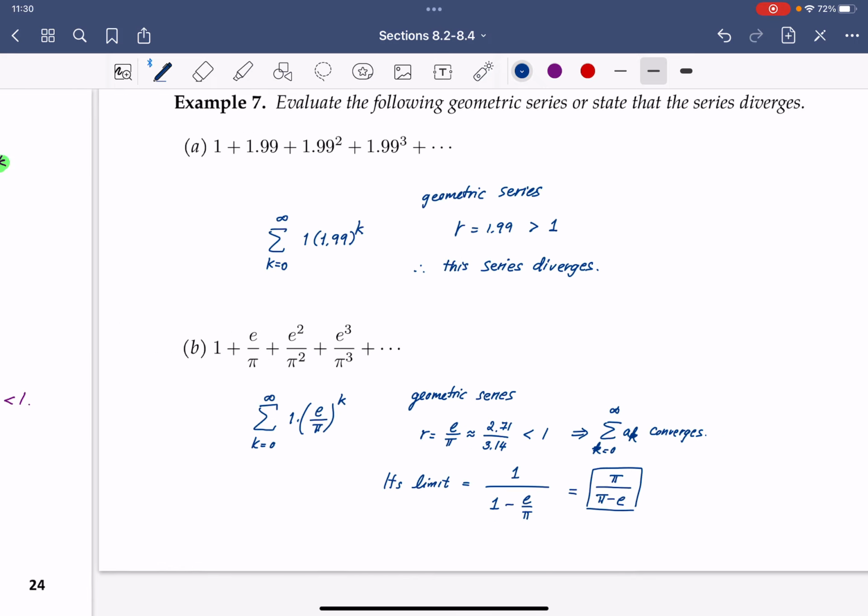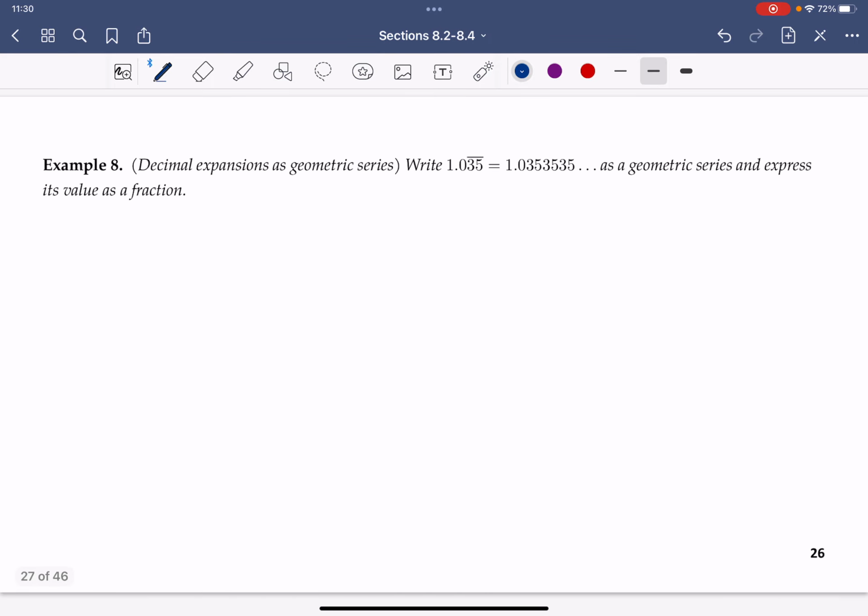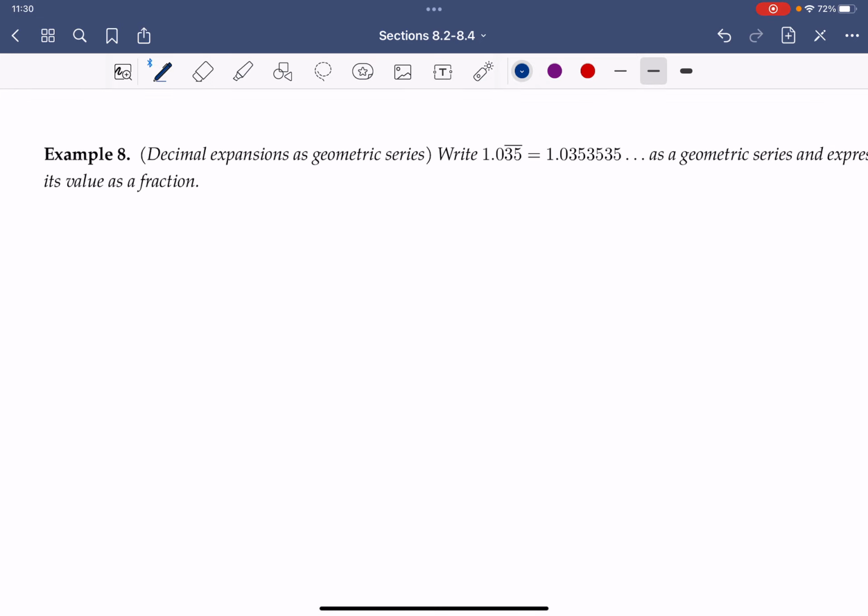Alright, so one more question, the last one for geometric series. This is the challenge one, but once you know the technique, it's gonna be okay. You know the decimal here, so you can use the geometric series to help you express the number as a fraction.